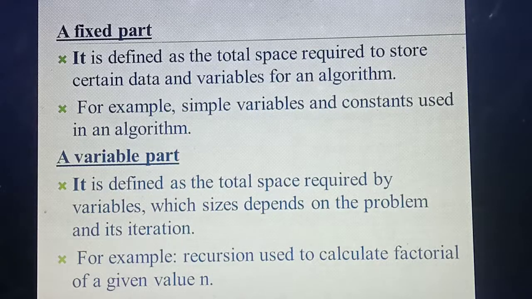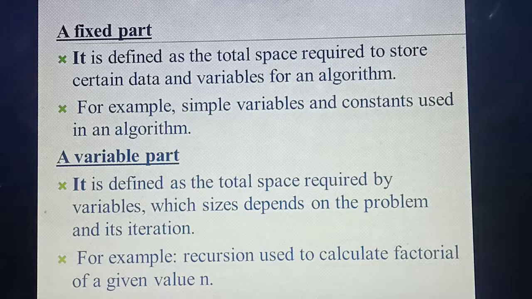So it's a fixed thing: adding two numbers and storing the result you need only 3 spaces. That's fixed. Fixed part means based on the algorithm, this is the total space required, because you are using this much data and variables in that algorithm.